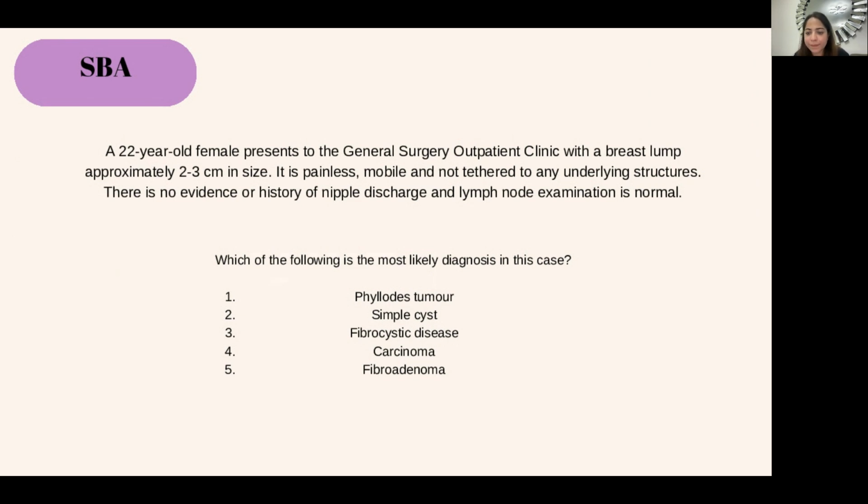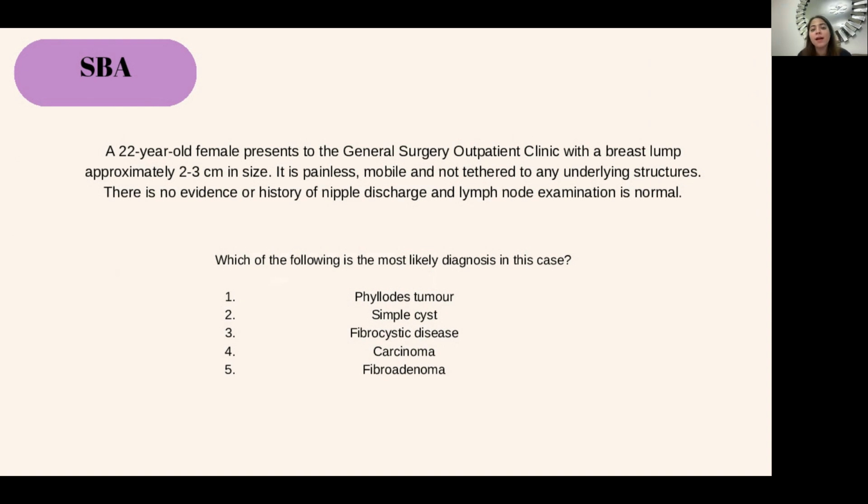Okay. So most of you have gone for the final option. I think on the slide I've put it as the wrong one, so ignore that, but it is a fibroadenoma, and the key features here being her age. It's relatively small, 2 to 3 centimeters in size, and painless, as we discussed.